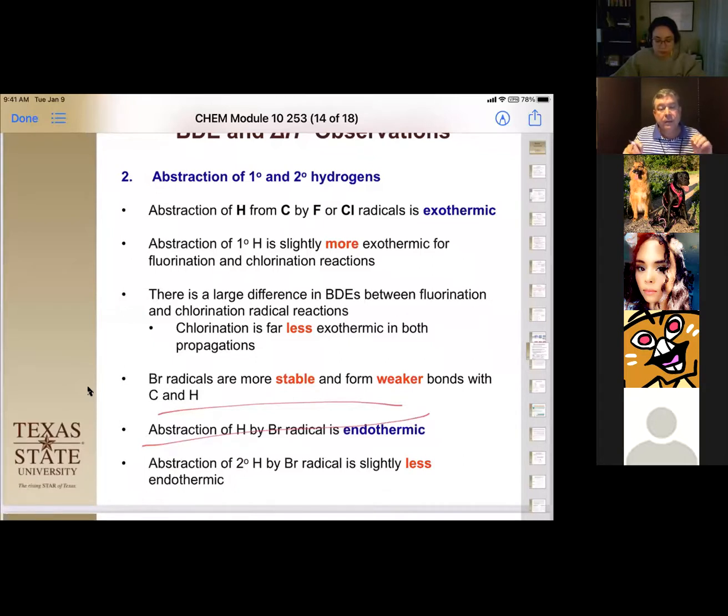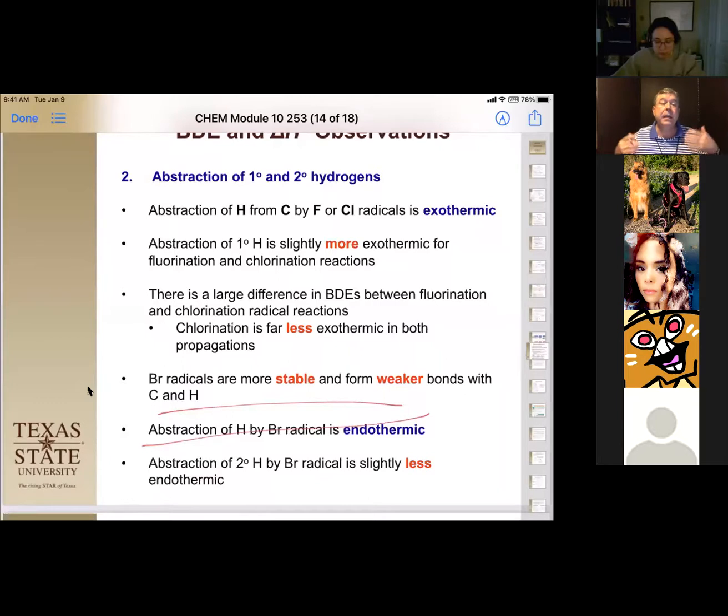However, the fact that they are not that big a difference, it is going to give us a little bit of secondary and a little bit of primary. The biggest difference in the bond dissociation energies is in the formation of the radicals. Chlorine is far less exothermic in both the formation of the chlorine hydrogen bond and the chlorine carbon bond, okay?